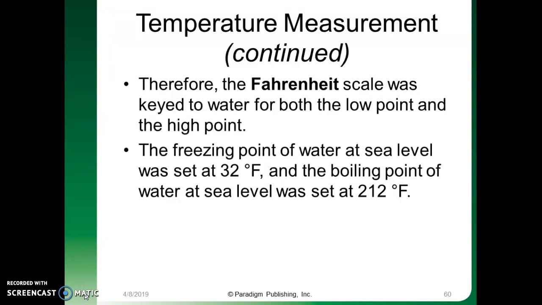Remember, Fahrenheit used water for the low point and his own body temperature for the high point, but scientists changed it to use water for both. The freezing point of water at sea level was set to 32 degrees Fahrenheit, and the boiling point was set to 212 degrees Fahrenheit.